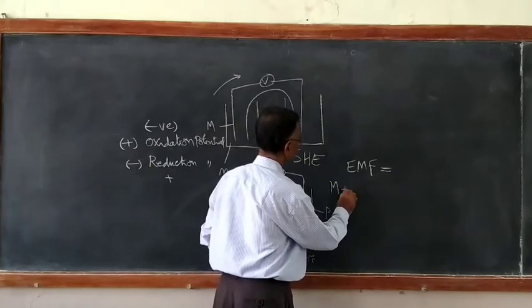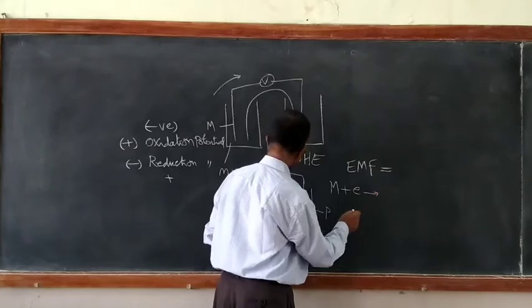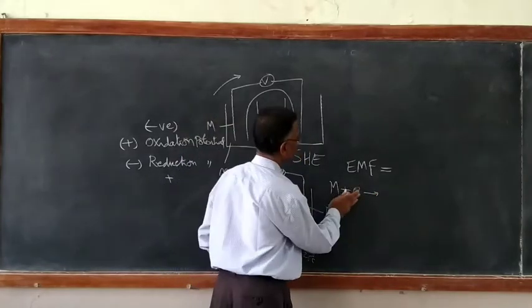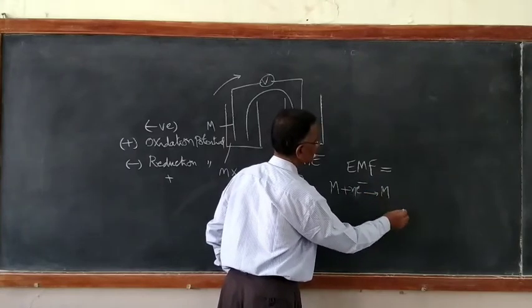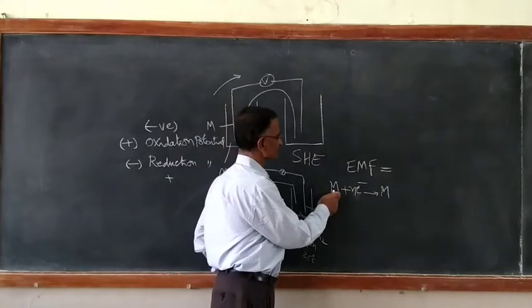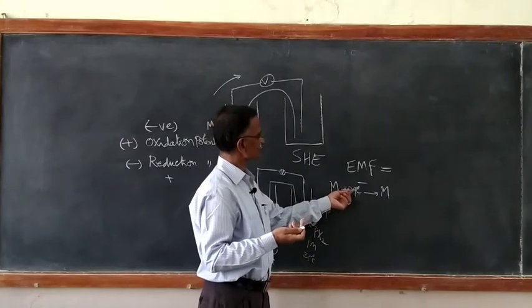M plus one electron, or if you want to write, n number of electrons, M, that will not say that there is reduction taking place.